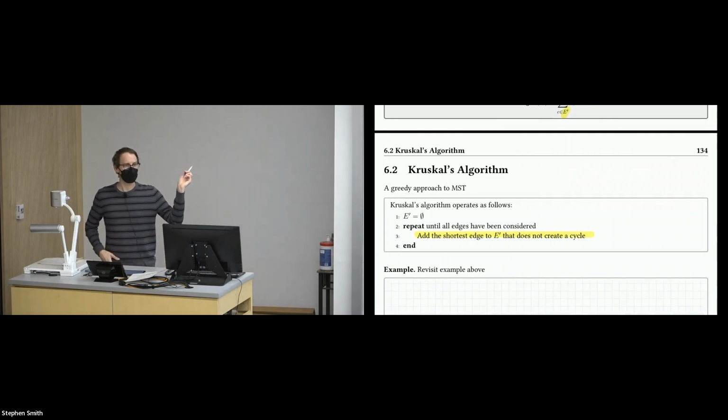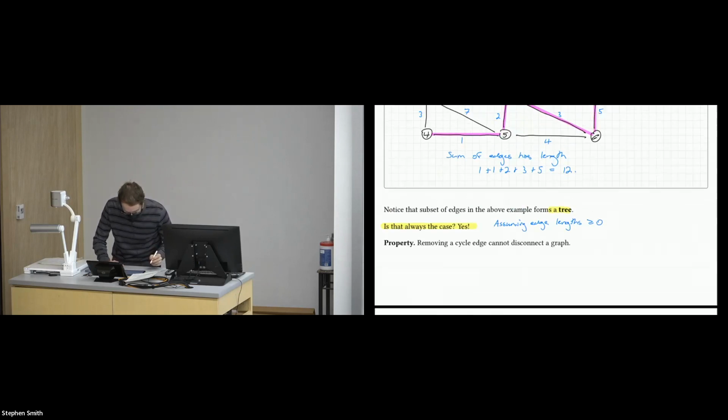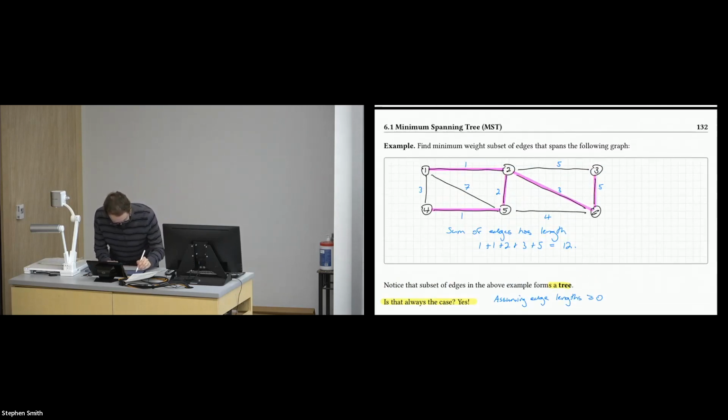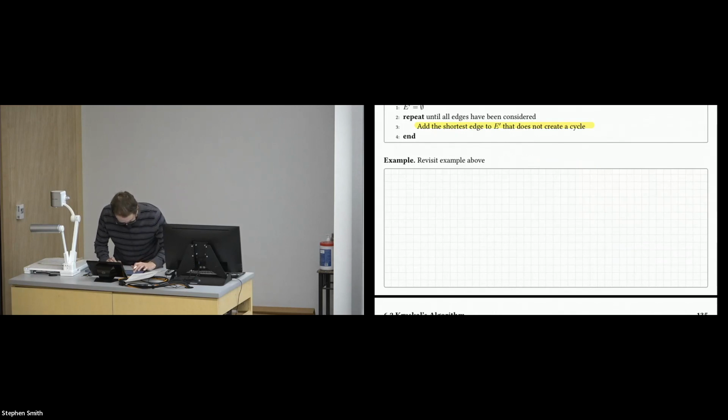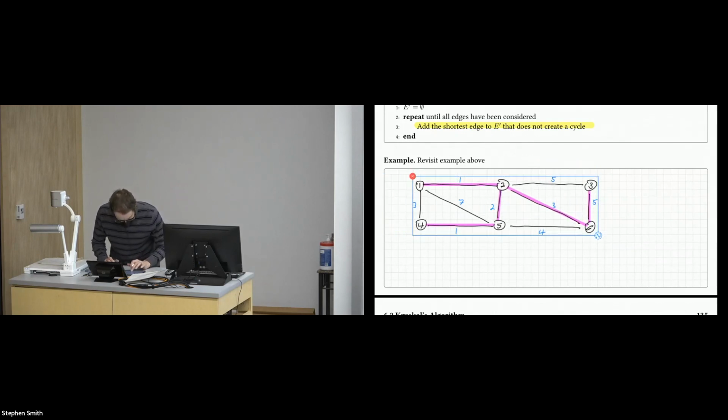Let's go back to the example I gave you before and just run Kruskal's algorithm on that graph. So I'm going to try and copy this, bring it down here. I might get the same solution, but let me delete the pink stuff.